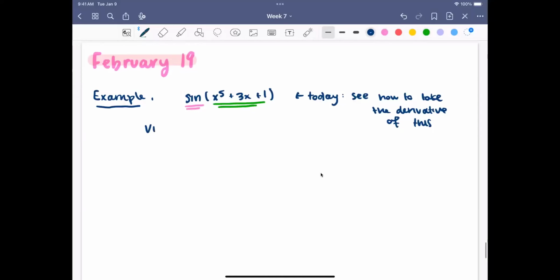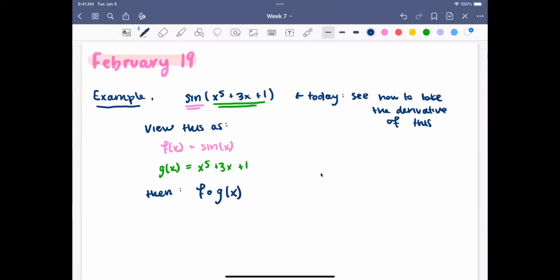So we can view this as, say, f of x is equal to sine of x, and g of x is equal to x to the 5th plus 3x plus 1, then what I want to do is take the derivative of f composed with g of x. And today we'll learn how to do exactly this.